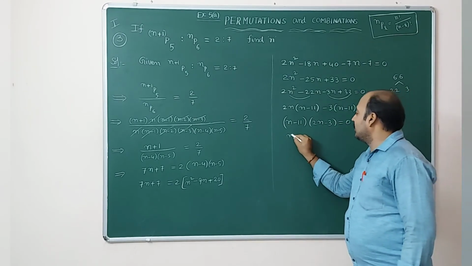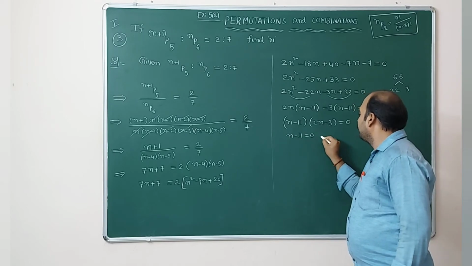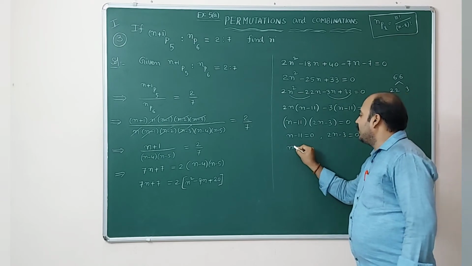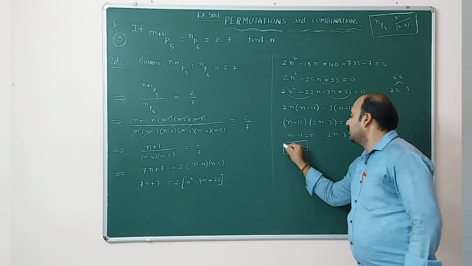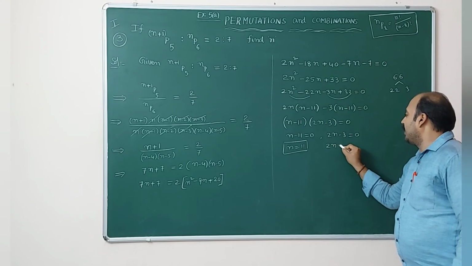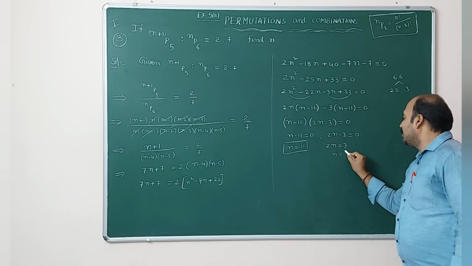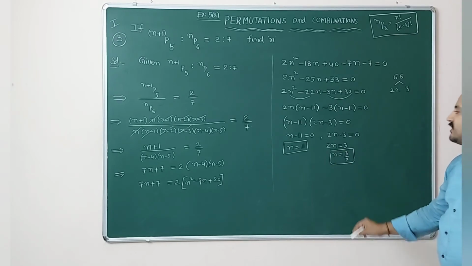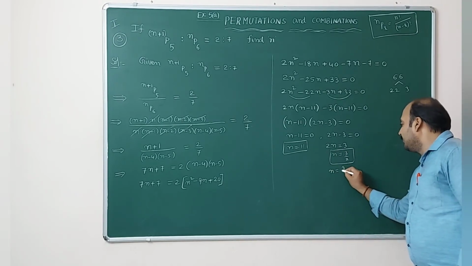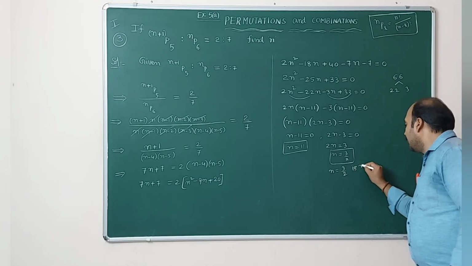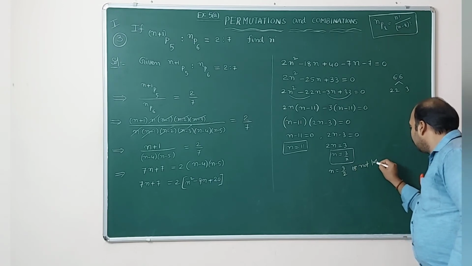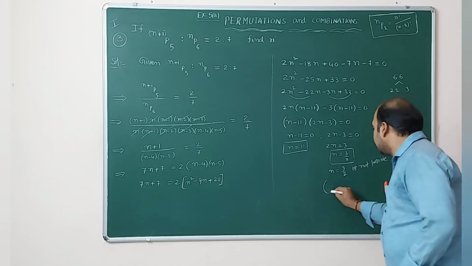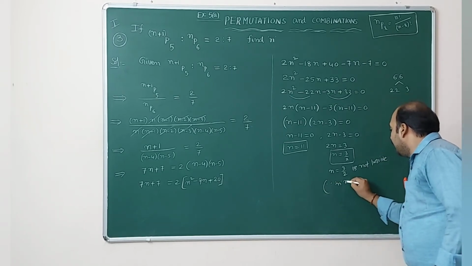So n minus 11 equal to 0, 2n minus 3 equal to 0. So n is equal to 11, and 2n equal to 3, n is equal to 3 by 2. So among these values, n equal to 3 by 2 is not possible, because n must be a positive integer.